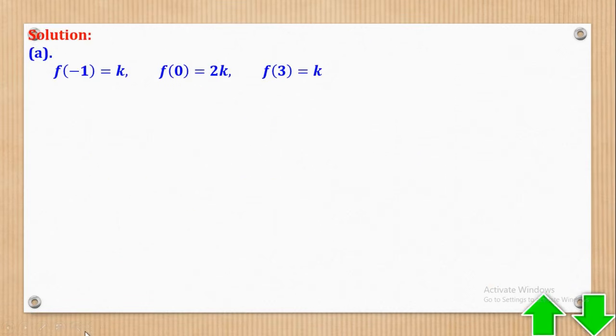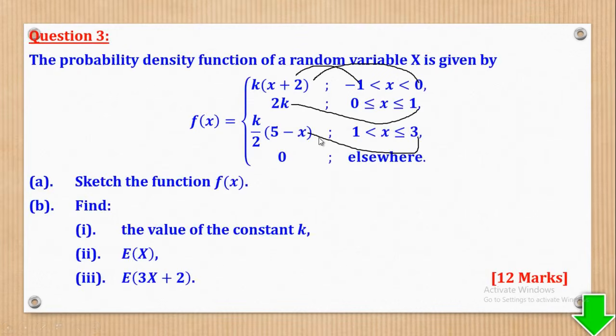So f(-1) is k. So if you look at this, when I substitute -1 here, I'll come up with -1 plus 2, which is +1. So +1 times this gives you +k. But when x is 0 and I put 0 here, I'll come up with 0 plus 2, which is 2 times k, to give you 2k.